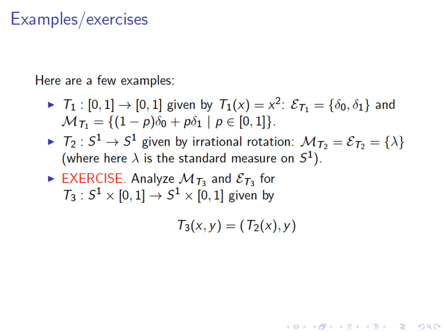And we had the transformation T3, which was an irrational rotation on the cylinder that rotated the cylinder in the S1 direction and did nothing in the second direction. And you can vary this, you can do something in the second direction, etc. And you can now look at what the ergodic theorem means to those and everything that we did.